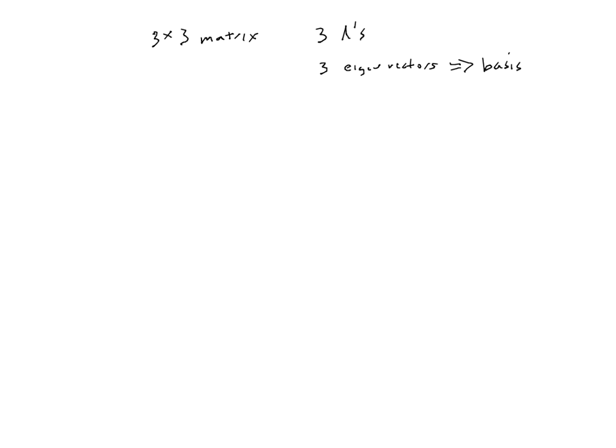So in other words, you have a coordinate system. You can calculate the eigenvalues, and then you use the eigenvectors as your coordinate system.